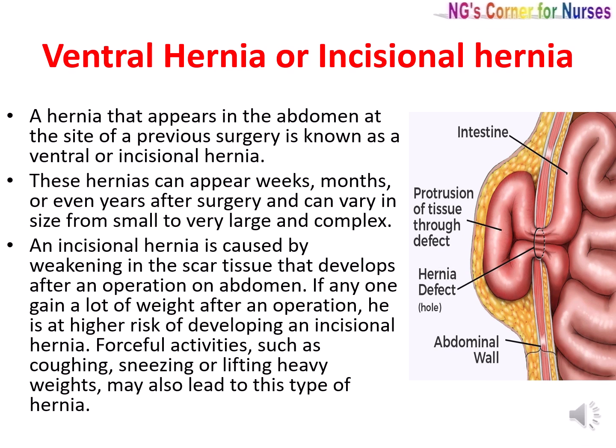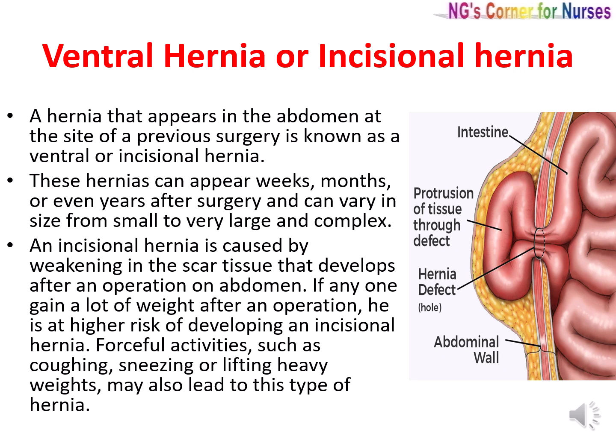Next is ventral hernia or incisional hernia. A hernia that appears in the abdomen at the site of a previous surgery is known as a ventral or incisional hernia. These hernias can appear weeks, months or even years after surgery and can vary in size from small to very large and complex. An incisional hernia is caused by weakening in the scar tissue that develops after a surgery on the abdomen.